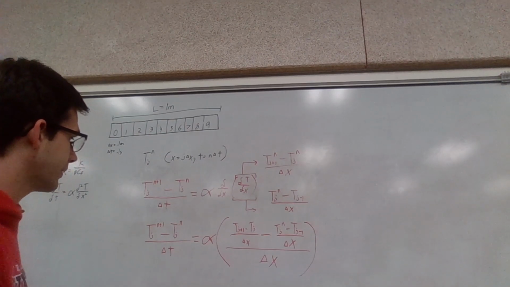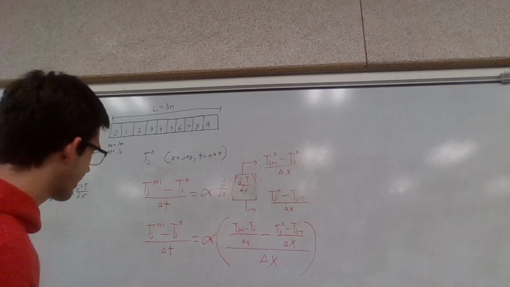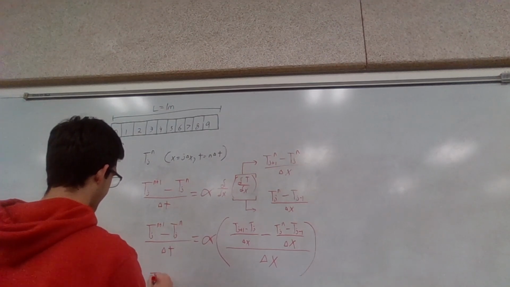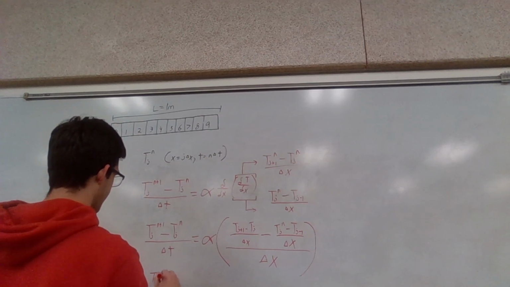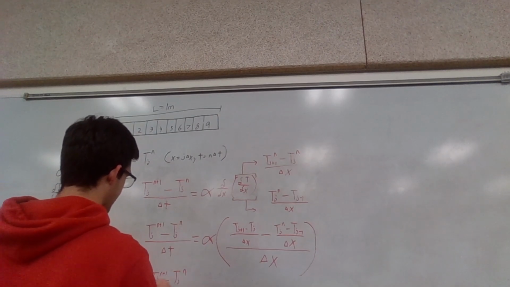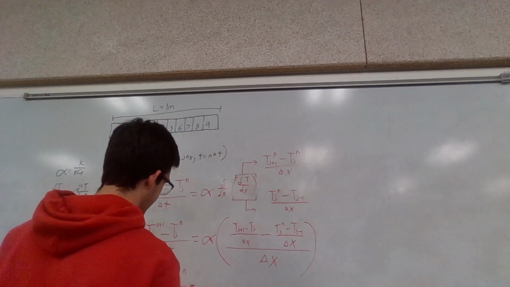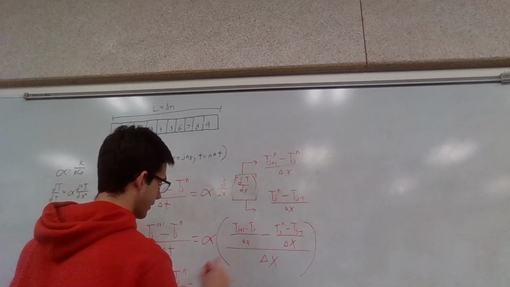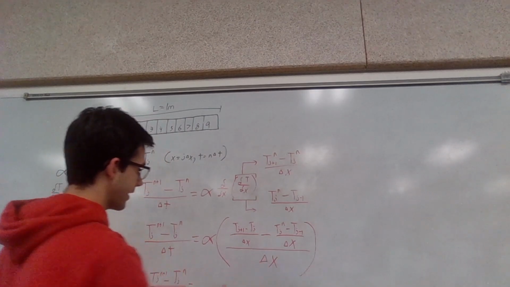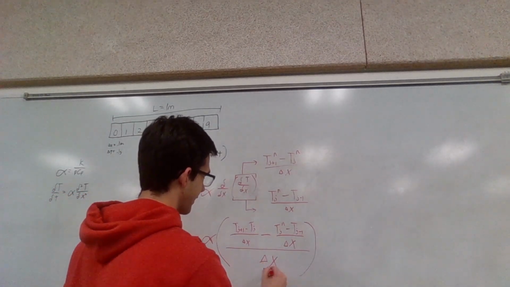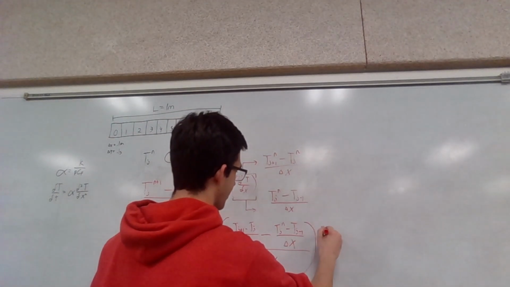And so let's go ahead and make this simpler one more time here, and then we will be in good shape. This is my T j n plus 1 minus my T j to the n over some time equals, so what I see here is delta x, and we can think of that as delta x over 1, and we multiply it by 1 over delta x.